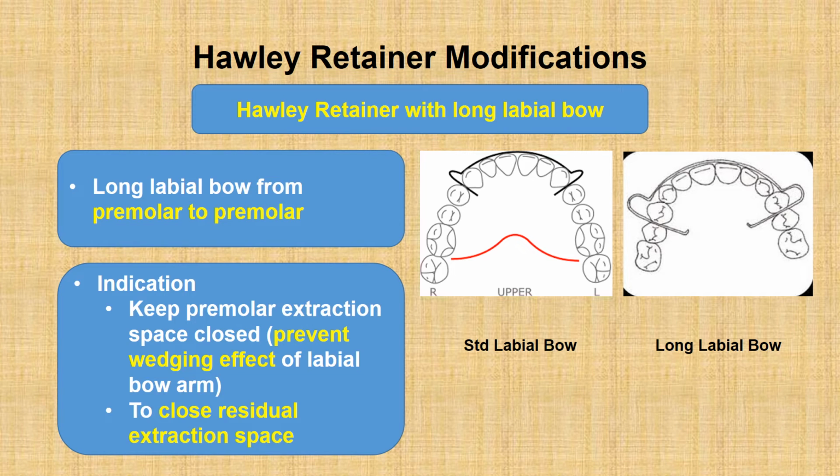Because having the arm passing between the canine and the premolar can cause premolar extraction space to reopen due to the wedging effect of the labial bow arm. And by using a long labial bow which passes behind the premolar, any residual extraction space between the canine and the premolar can be closed with the bow.